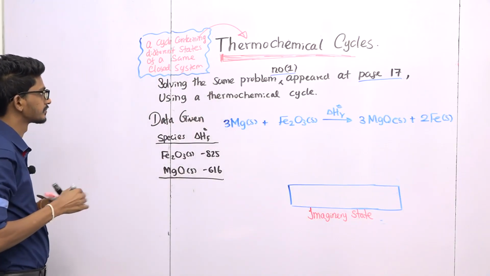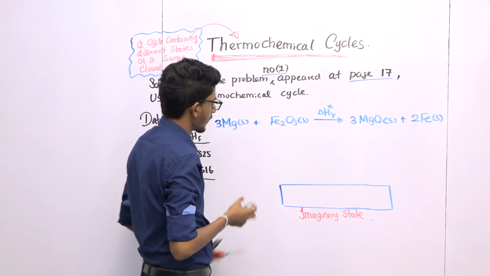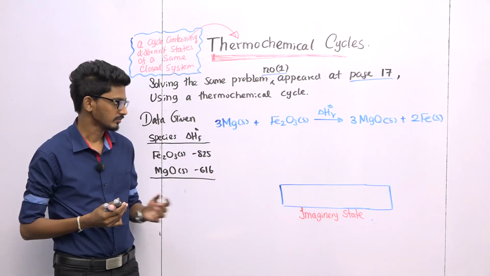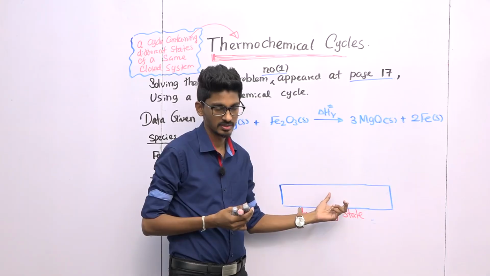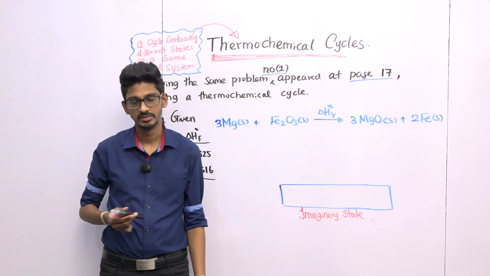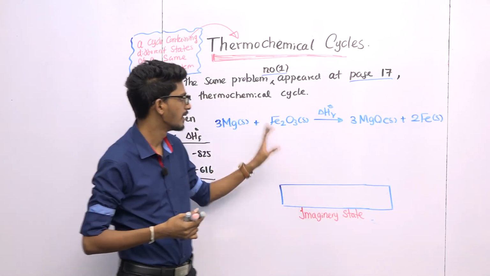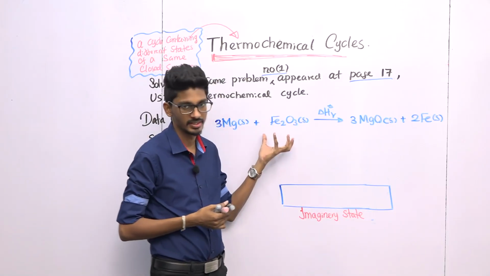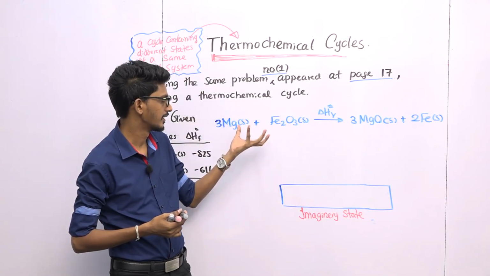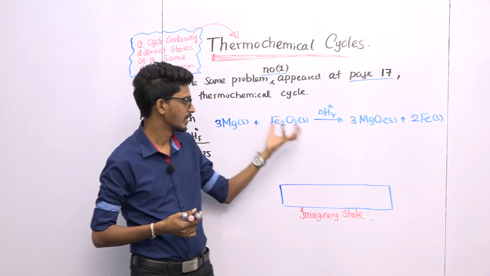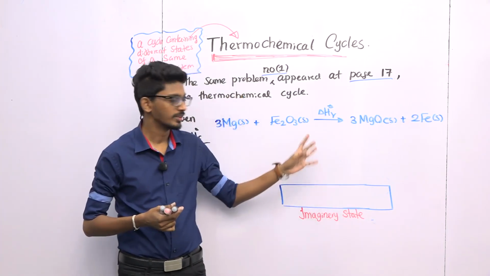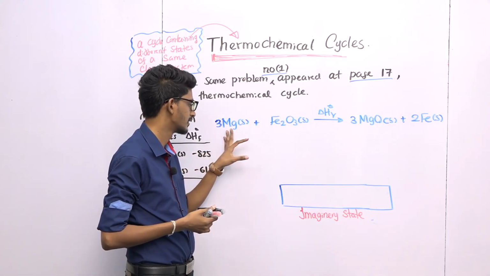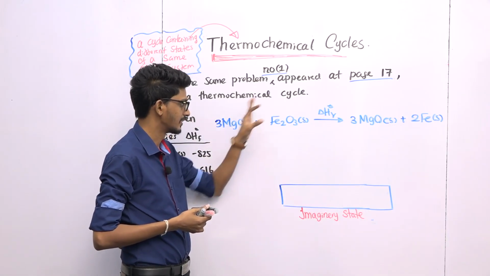That means the mass should be conserved with each and every state of your thermodynamic cycle. Even in the imaginary state, the mass should be conserved. That means the number of atoms at one state should be there at all the states. Number of magnesium atoms at this state should be there at all the states.